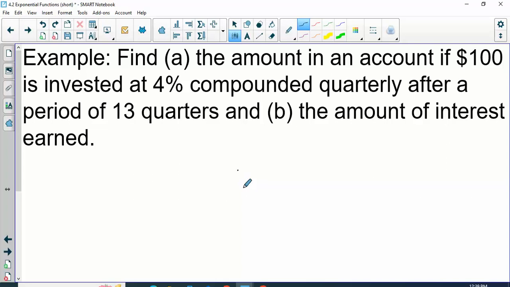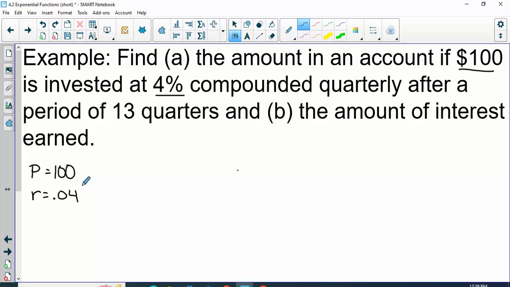So, to do these problems, I always start out kind of making a list. What would 100 be? Right, so my P is 100. What is 4%? And we always do that as a decimal, so 4% would be 0.04.